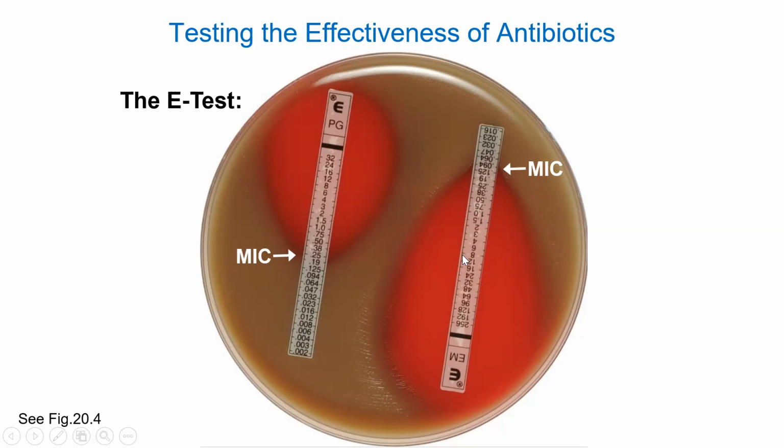It's not quite as accurate as doing the test tubes, but this is quick and easy and takes a lot less time. You can get an approximate number. In this one here, they're comparing what looks like penicillin and erythromycin. Both are effective against this particular microorganism. Very easy to do, and you get the advantage of the quantitative test. So that's good. We like easy. We like to have numbers.